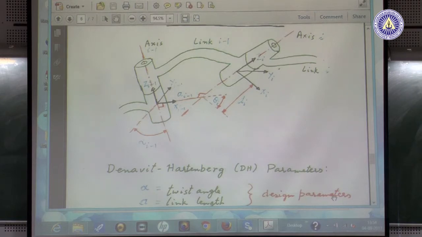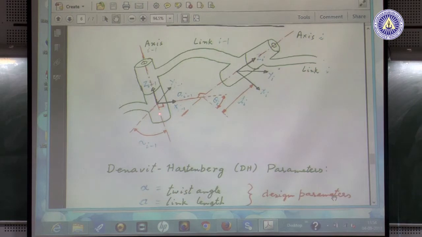It depends upon what kind of joint it is. If it is a revolute joint, a rotary joint, then it is the axis of the rotation. On the other hand, if it is a sliding joint, then it will be the direction of the translation. So, the z axis is always along the axis of rotation or direction of translation.